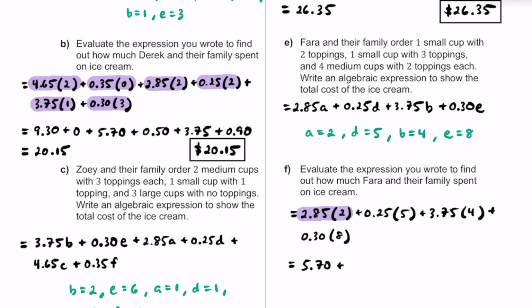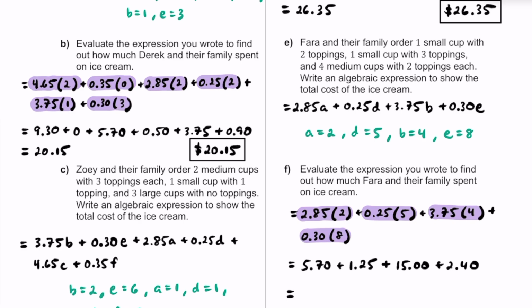Plus, if you have 25 cents times 5, feel free to use a calculator, but I think that's going to be $1.25. Plus, and then we have 3.75. We're buying 4 of those, so 3.75 multiplied by 4. That is going to be a total of $15 for those. And then plus, finally, we have this 30 cents times 8. So I know 3 times 8 is 24, so that's going to be $2.40.